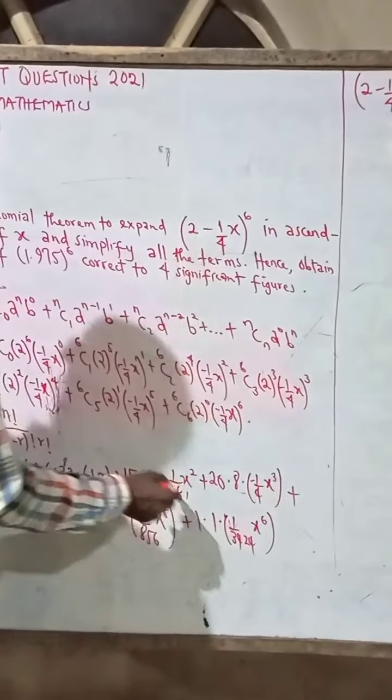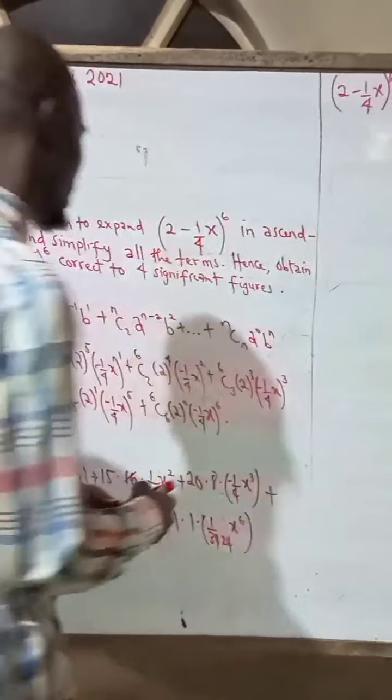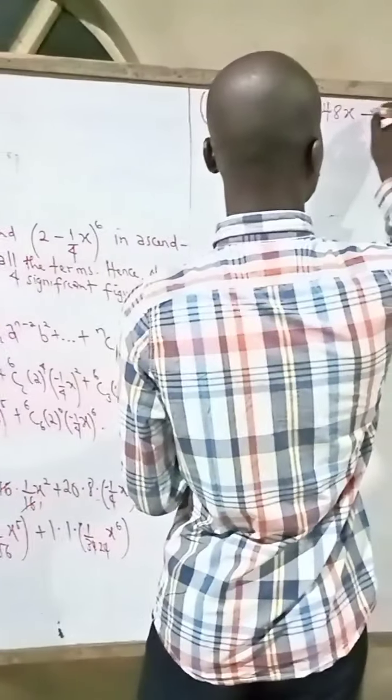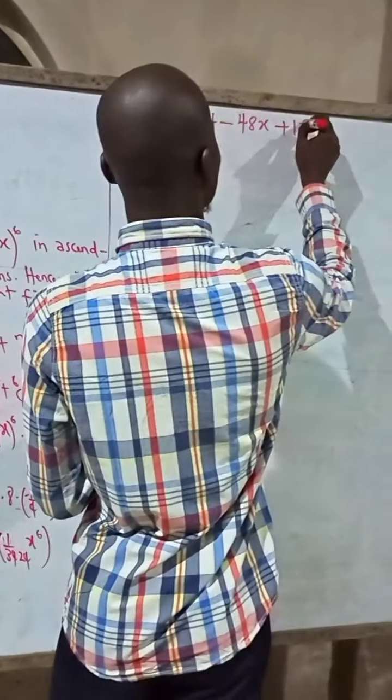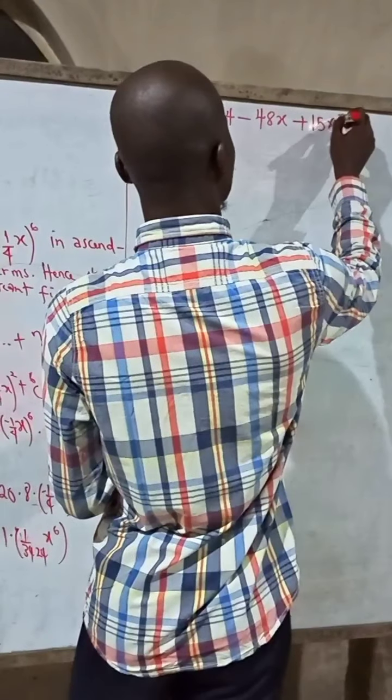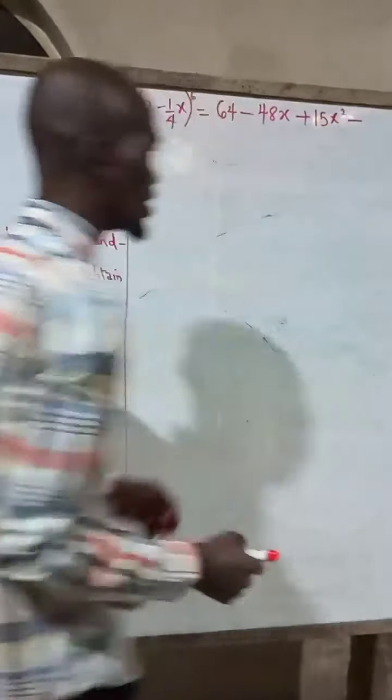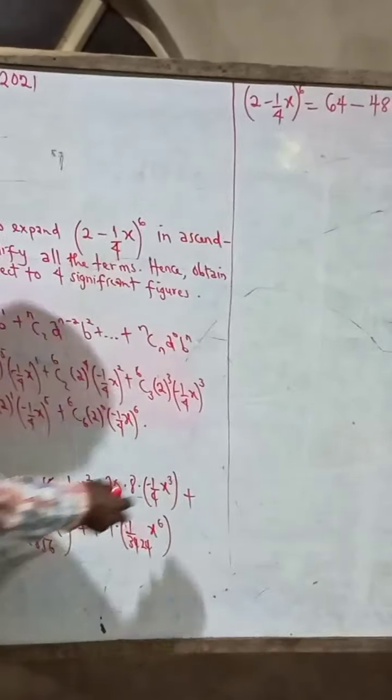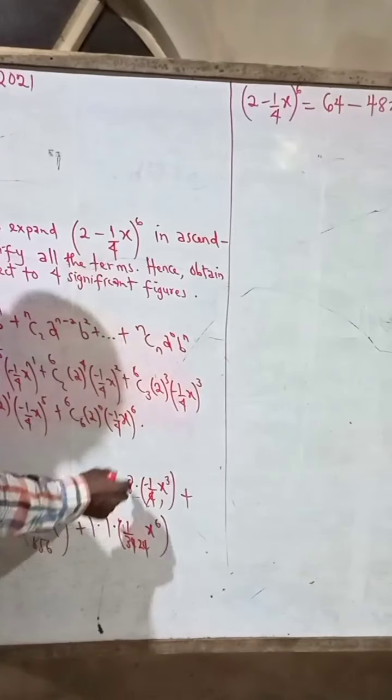The next term follows. So 16 can cancel 16 here. We have 15x raised to the power of 2, which will be positive. Then the next term automatically will be negative. So 4 can go here, 4 here 1, 4 here 2.